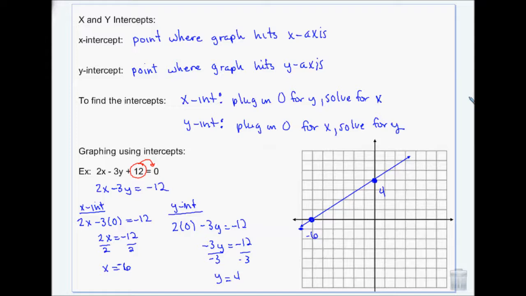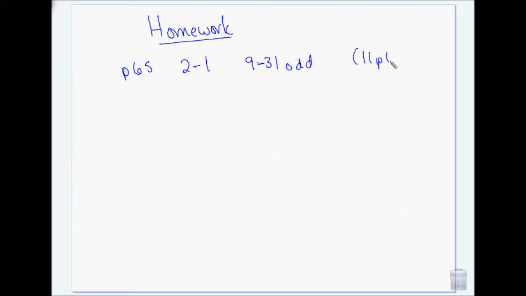Questions on that? Okay. If there are no questions on that, your homework is page 65, which is section 2-1, 9 through 31 odd, and that's for 11 points.